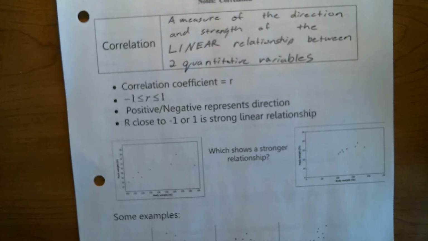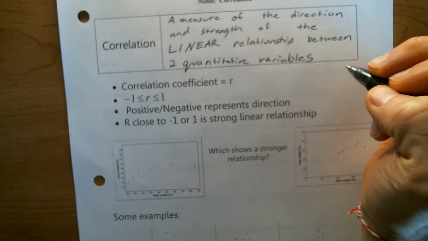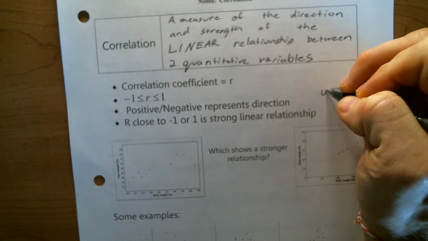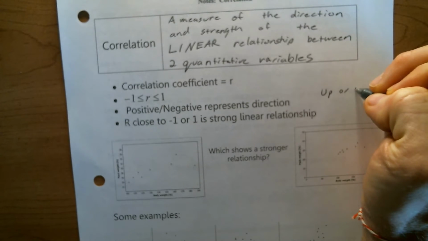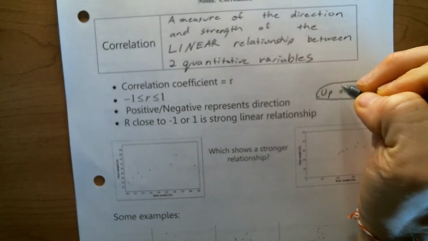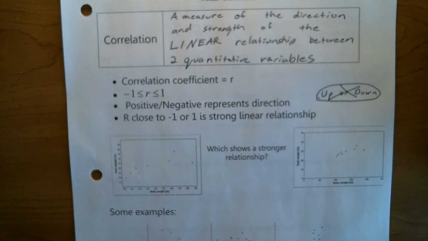All right, and I would generally refer to correlation coefficients in terms of strength versus weakness. So I would avoid saying that the correlation coefficient goes up or down. All right, those are dangerous words to use. And the reason they're dangerous words to use is when they start getting negative, the meaning can become a little ambiguous.